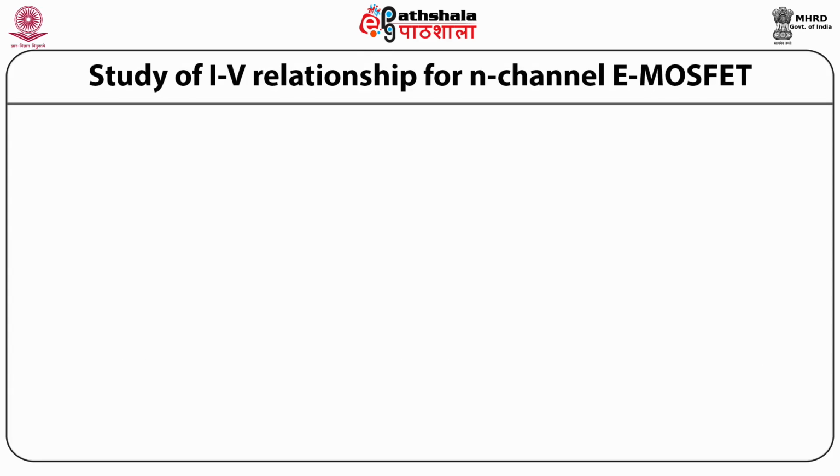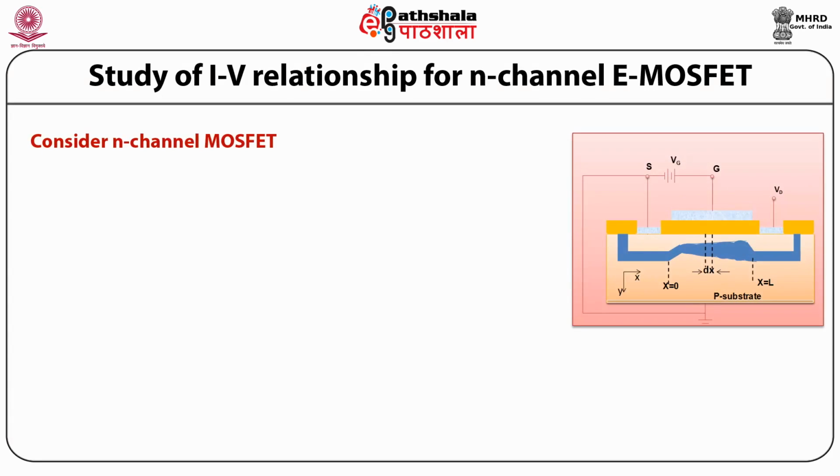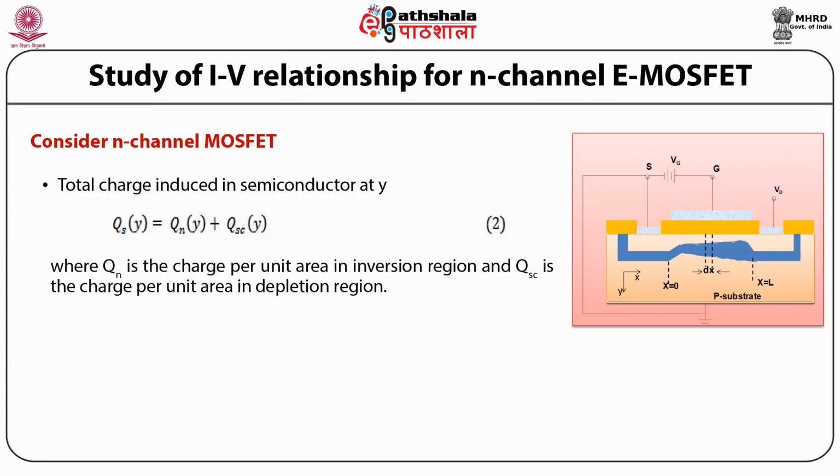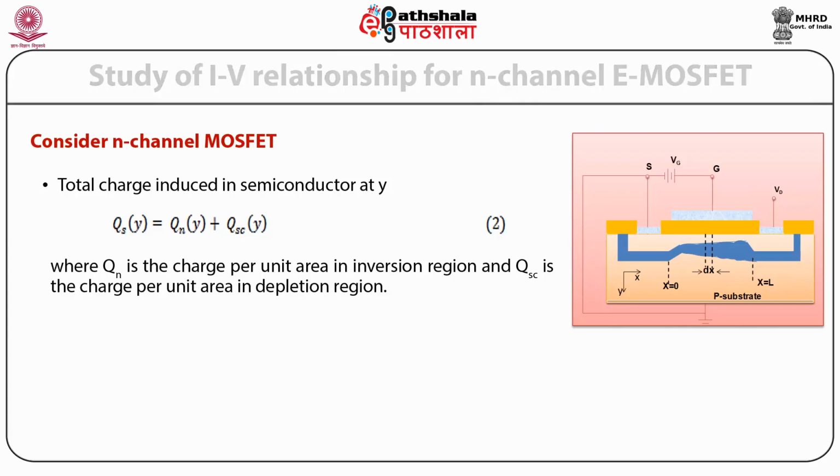So students, let us now consider the N-channel MOSFET, whose schematic is shown in this figure, and the total charge induced in the semiconductor at Y is QS(Y) equal to QN(Y) plus QSC(Y), where Qn is the charge per unit area in the inversion region and QSC is the charge per unit area in the depletion region.